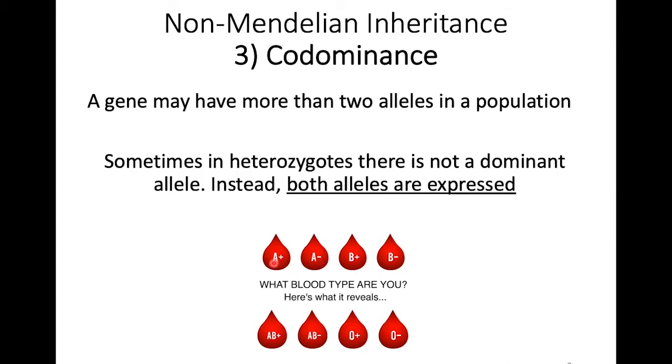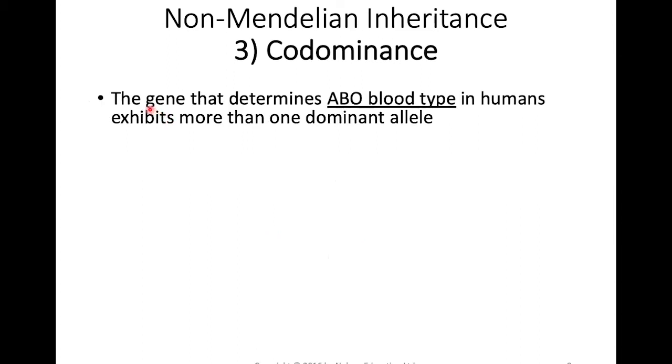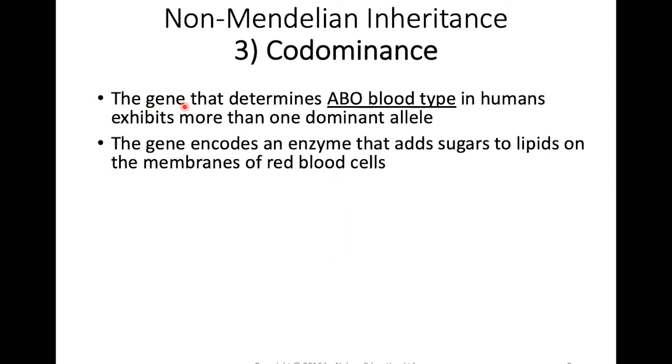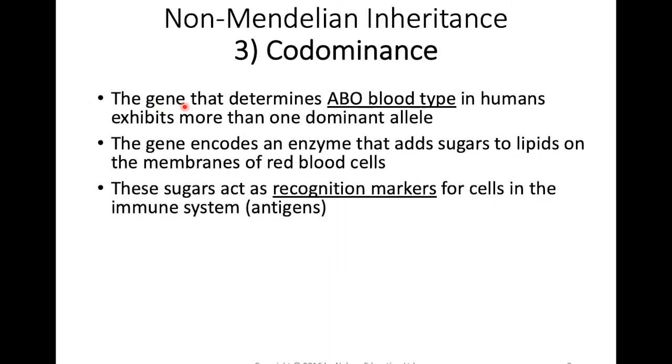Now, there are specific genes that determine your ABO blood type, and they exhibit more than one dominant allele. There's really only two types of antigens, which are the recognition markers on the surface of your red blood cells. We have A antigens and we have B antigens.